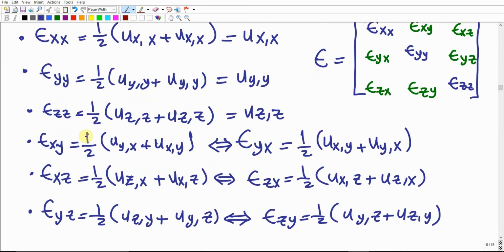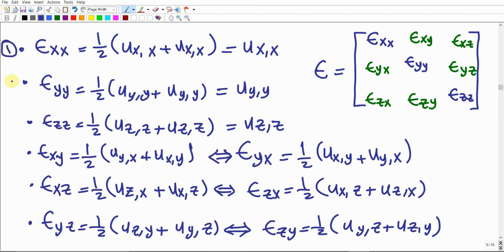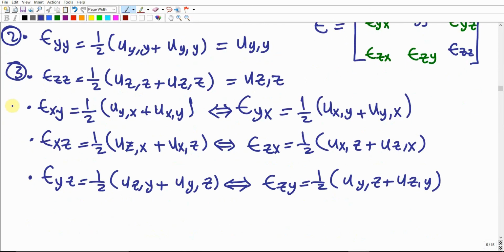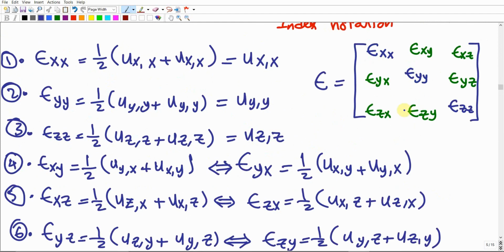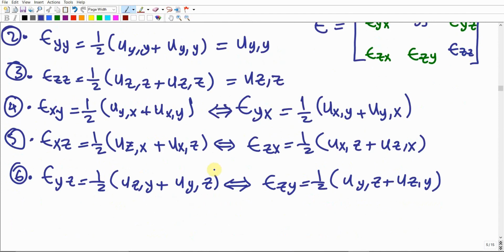So that's why in general we do have 6 components: 1, 2, 3 components located over the diagonal, and 3 other components, 4, 5 and 6, which will be distributed over the off-diagonal of the strain tensor. And you should understand that epsilon xy, epsilon yx, they are identical. Epsilon xz, zx, yz, zy.